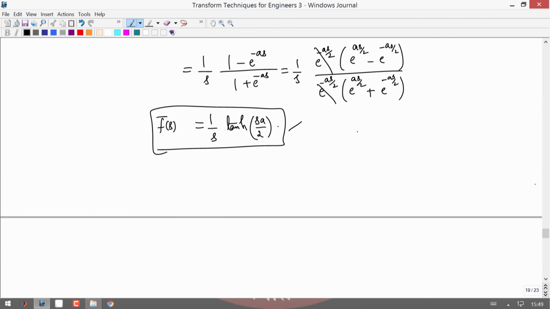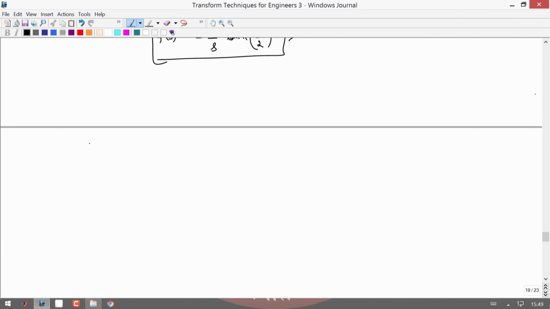So in general, another example is a general periodic function.